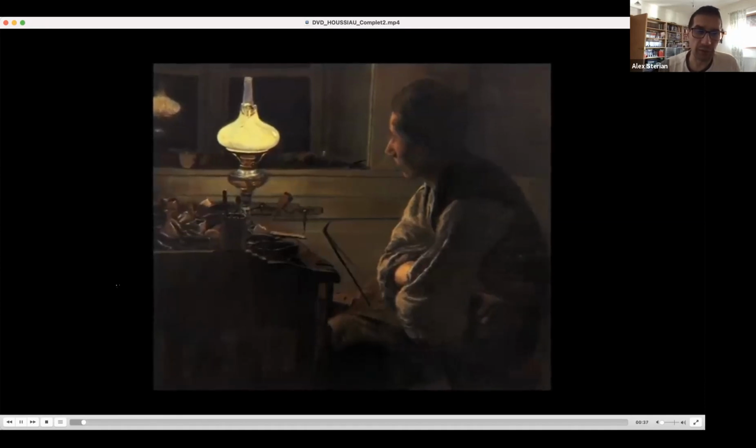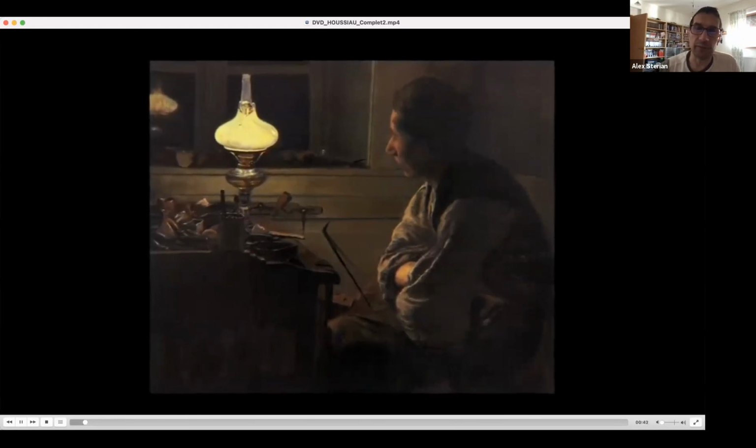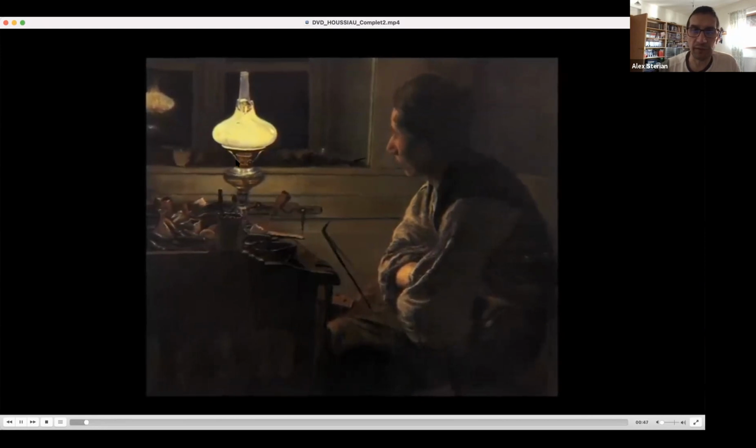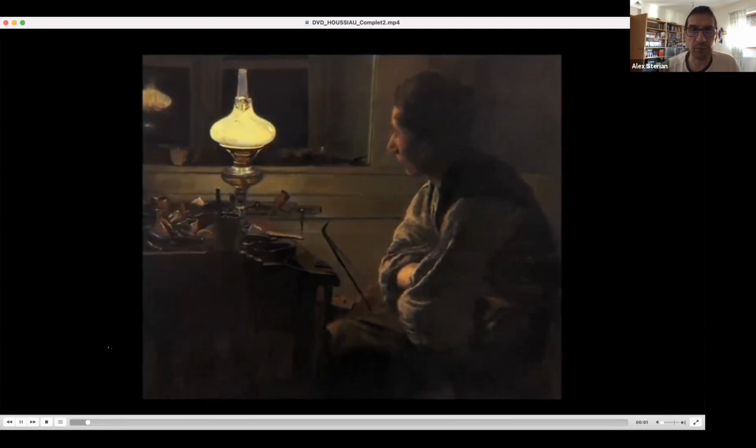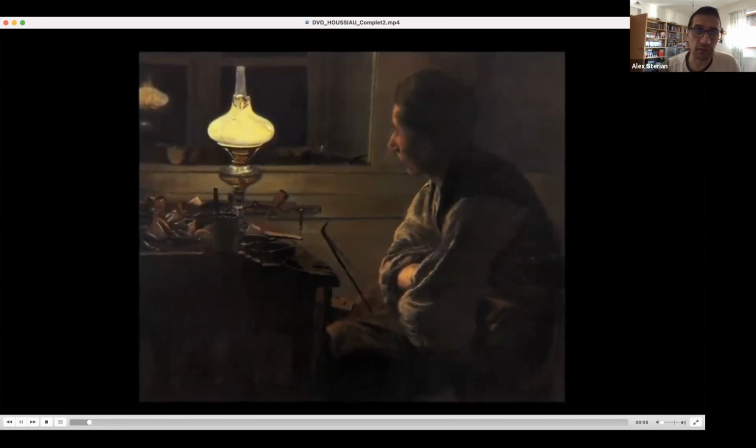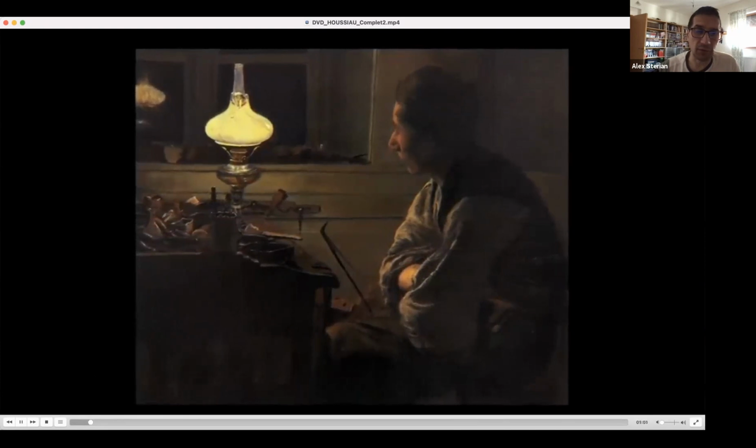What I'm trying to reproduce here is the atmosphere, the mood of the scene, by using only one light source, which of course in a painting is very easy to show. In real life, and in film shooting, it's a totally different situation. And I'll try to jump on.